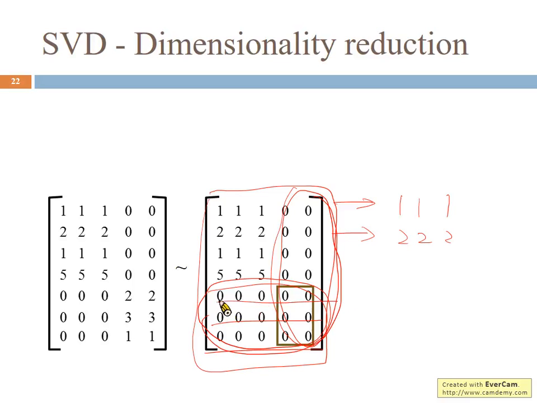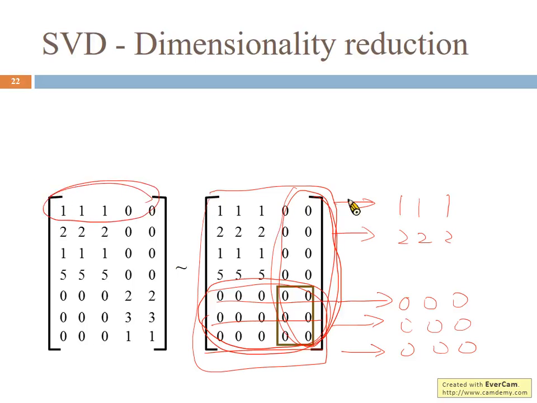And the last three documents can be reduced to 0, 0, 0, 0, 0, 0, 0, 0, 0. So we reduce 5-dimensional vectors into 3-dimensional. So this is how we do dimension reduction based on singular value decomposition.